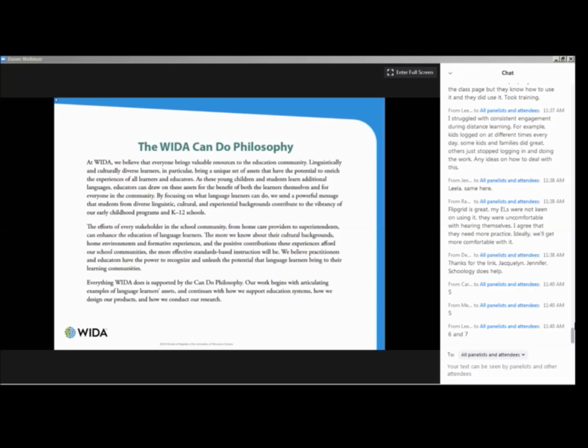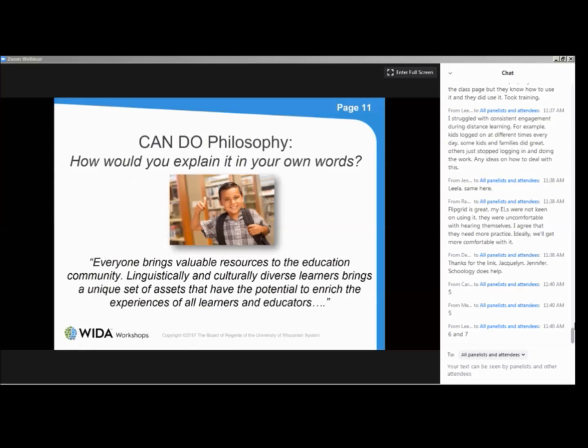Okay, so hopefully you had time to at least skim the WIDA can-do philosophy. And if we were going to sum it up, if you look on page 11 of your participant handbook, this is where you can explain it in your own words. We're not going to take time for that right now, but the gist of the can-do philosophy is that everyone brings valuable resources to the education community.